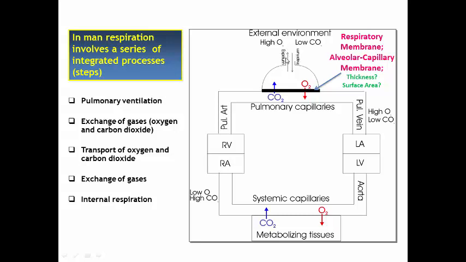So, pulmonary ventilation is equivalent to breathing, but is not equivalent to respiration, because respiration is the entire process till oxygen is supplied to the cells of our body and carbon dioxide is removed from the cells and eliminated into the external environment.